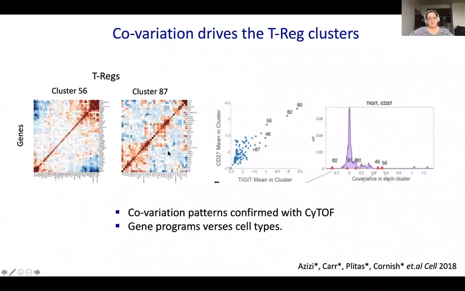Here's two examples. And this covariate structure actually changes in many of your favorite immune surface markers, such as TIGIT and CD27, where in some clusters they're correlated and in some clusters they're not correlated. So they're very strong covariation patterns that can define cell subsets. And we confirmed this in situ as well. Again, they're gene programs and cell types, and they're different things.